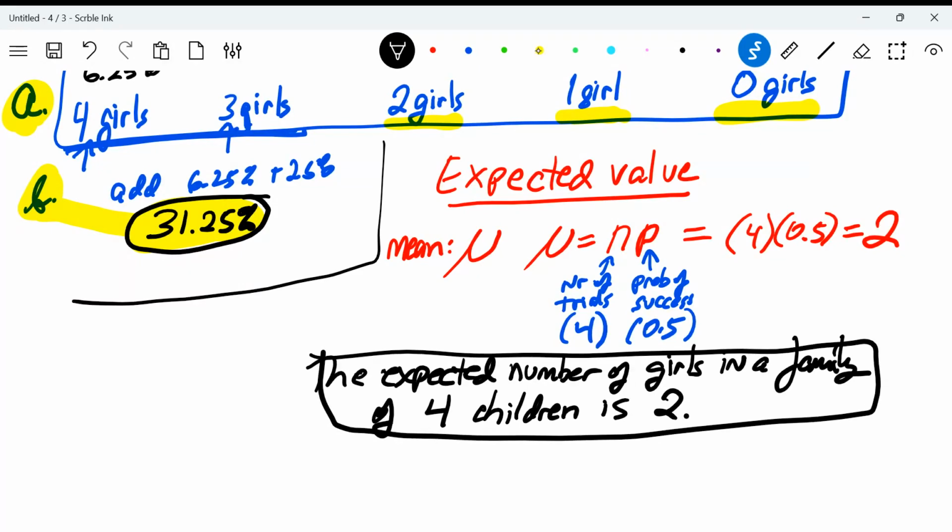And we figure that out using this little formula of the number of trials times the success. So that's sort of an extra thing that's not specifically the distribution, but you use the information in figuring out the distribution to get this expected value.